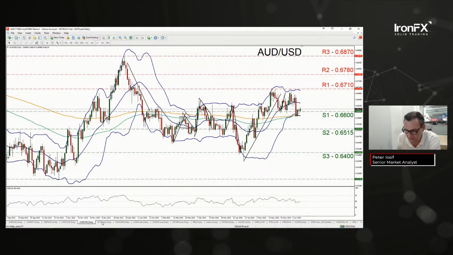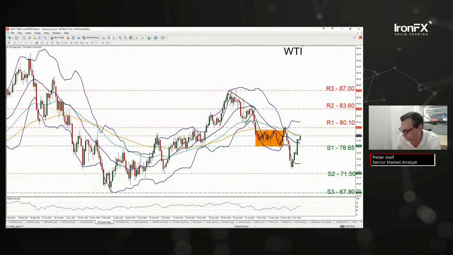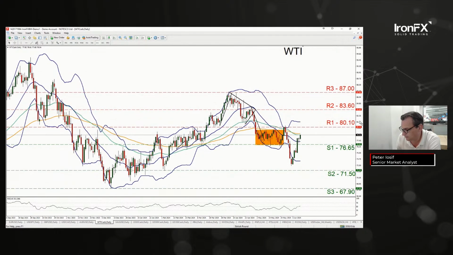Commodities market, WTI. Now, WTI's price seemed to show that the bulls took a break, and today's Asian and early European sessions tend to highlight the bullish possibilities for the commodity's price.